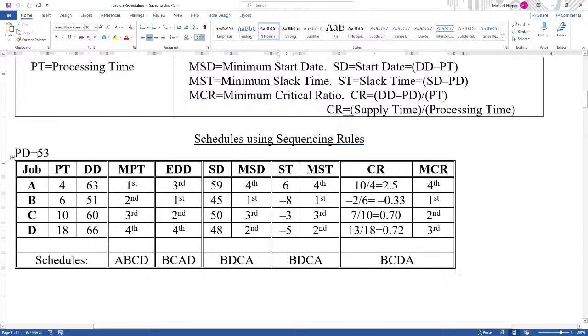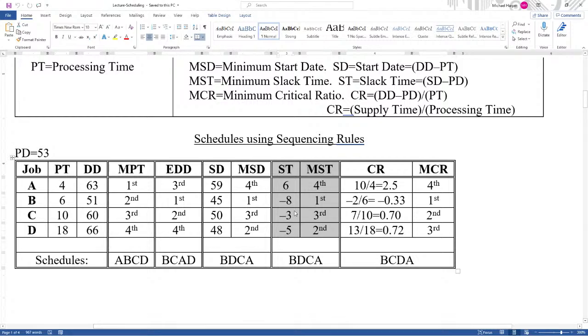Well, if I start on the present date of 53 back in February, job B will be 8 days late because it's minus. C is 3 days late, D is 5 days late. And so we're looking at the schedule here and saying, this gives you a lot of information about these jobs.